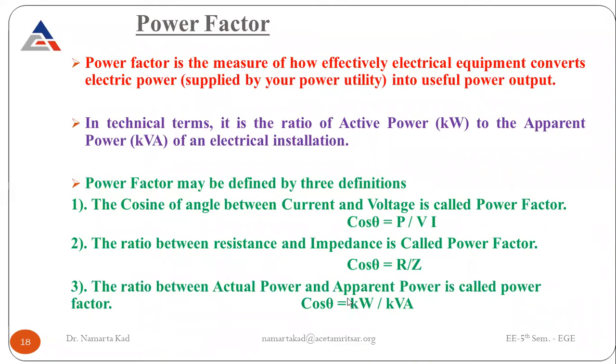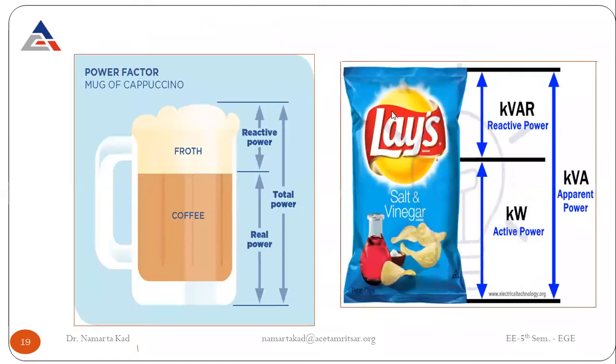Now, what is the difference between the three powers? It is very important to know that difference, so let's see it from this figure. There are two figures. The first one is the coffee mug. In the mug, this is the actual coffee and this is the froth.